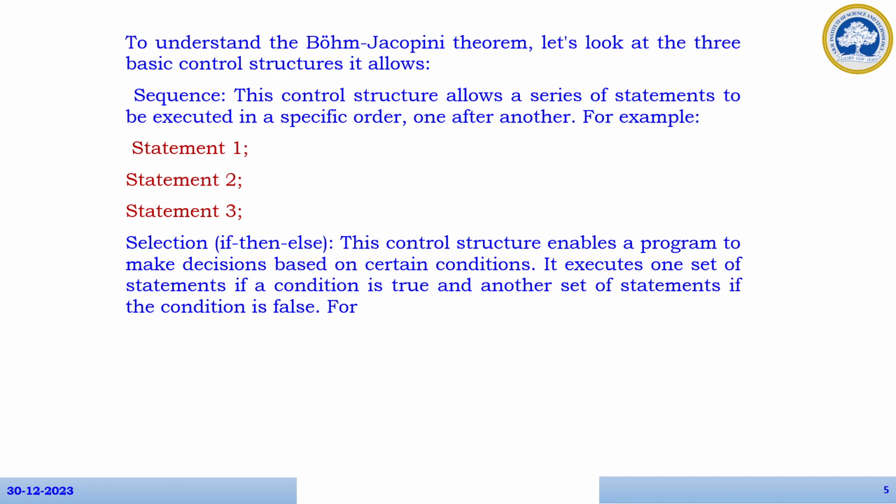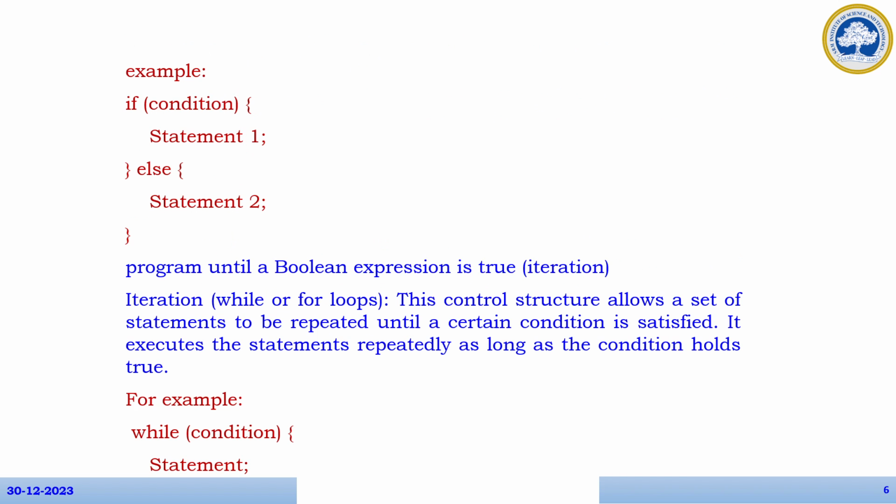First one is sequence. This control structure allows a series of statements to be executed in a specific order, one after another. For example, statement 1, statement 2, statement 3, like that. Next one is selection. This control structure enables a program to make decisions based on a certain condition. It executes one set of statements if a condition is true and another set of statements if the condition is false.